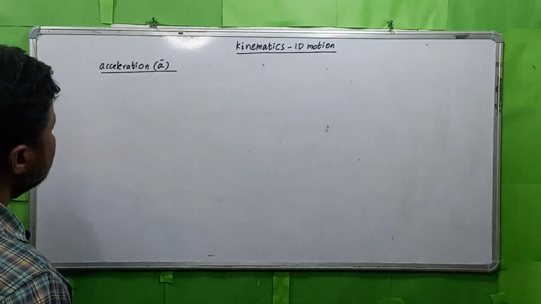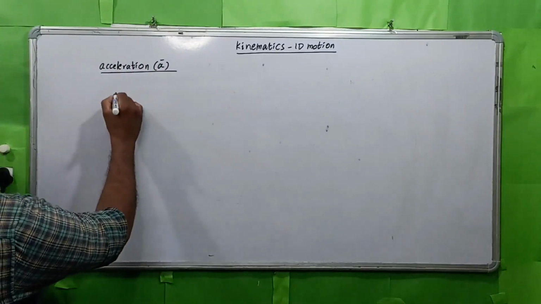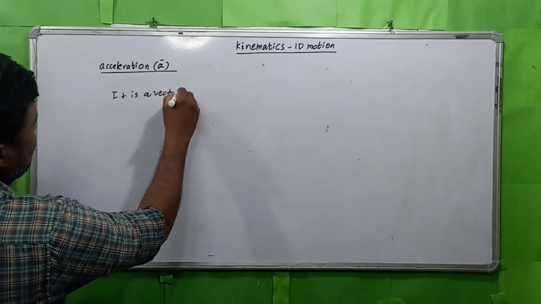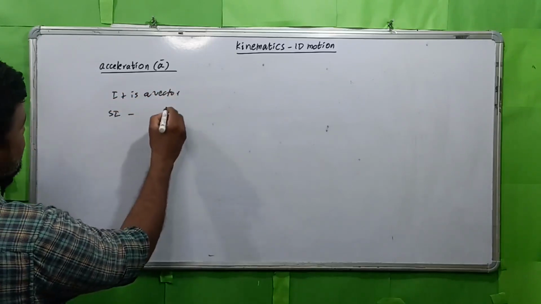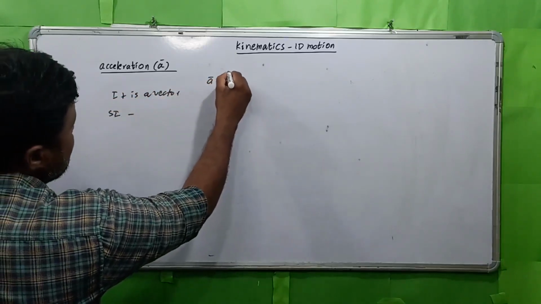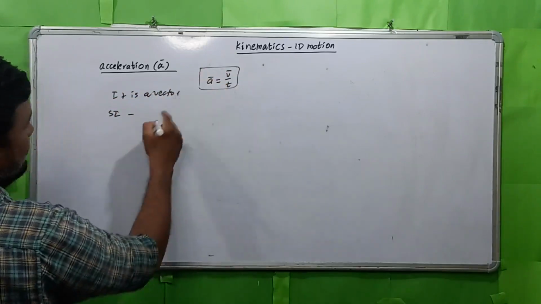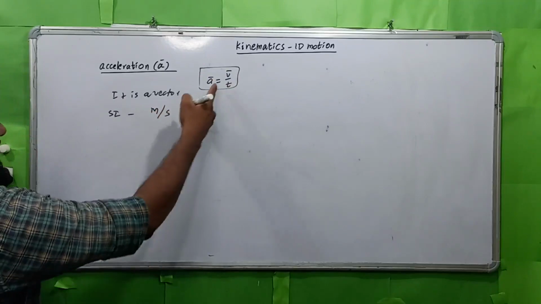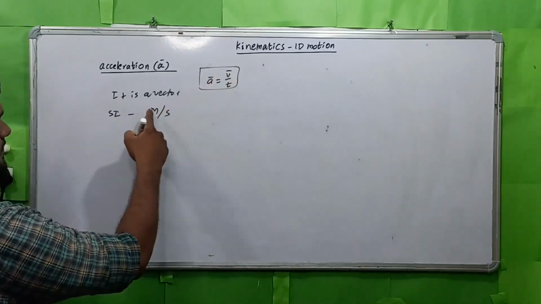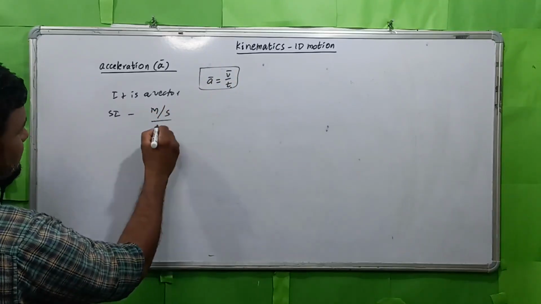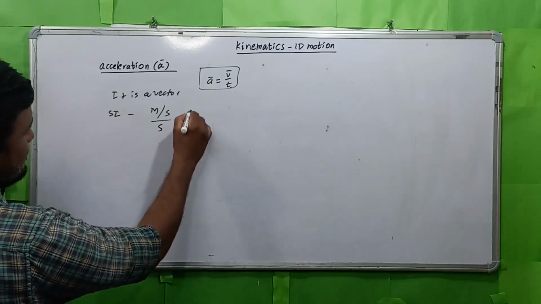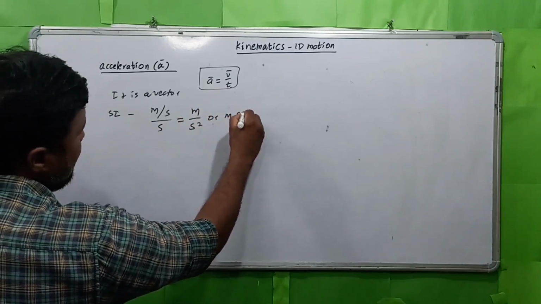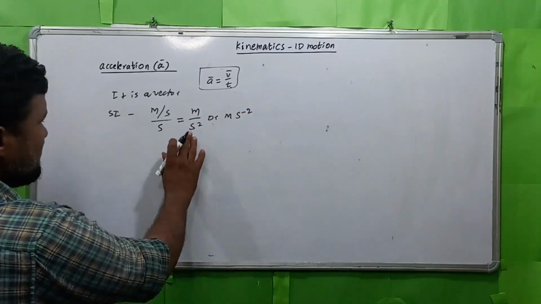It is a vector. If I write SI units, acceleration a bar is equal to v bar by t. The SI unit for velocity we already did in the previous class, meter per second, divided by time t in seconds. So finally we get meter per second square, or meter second power minus 2, as the SI unit for acceleration.